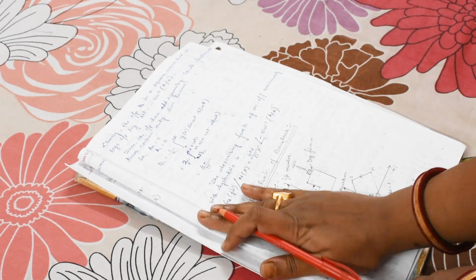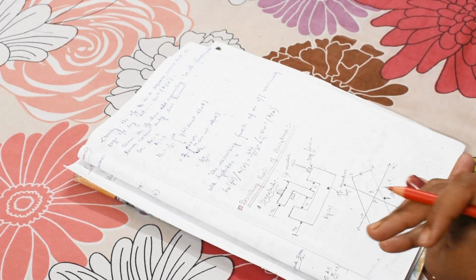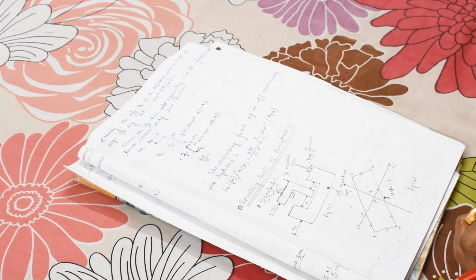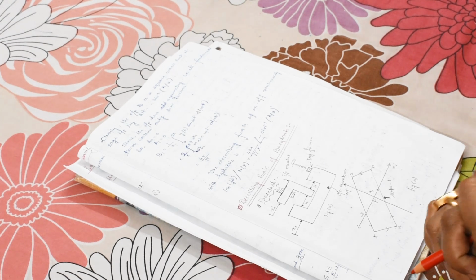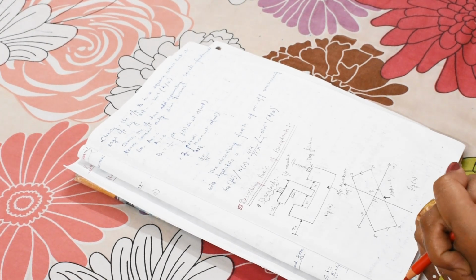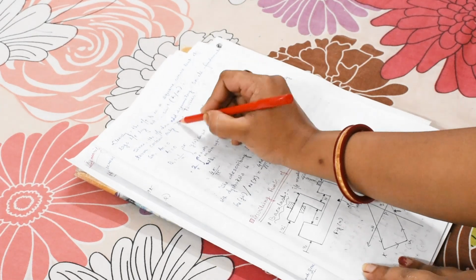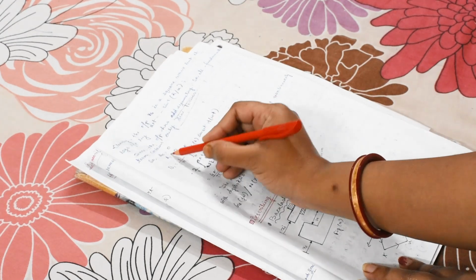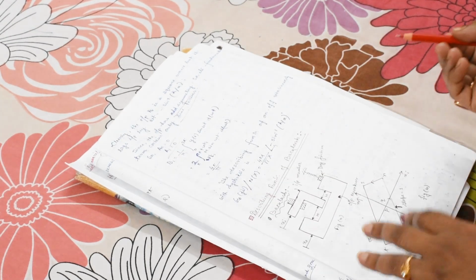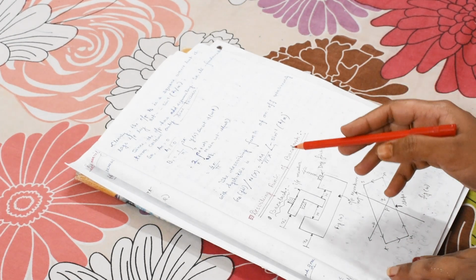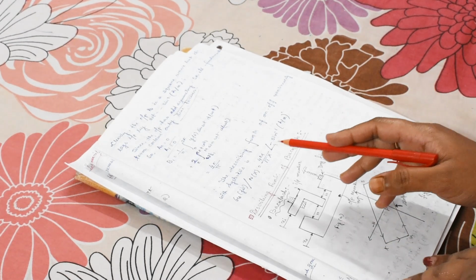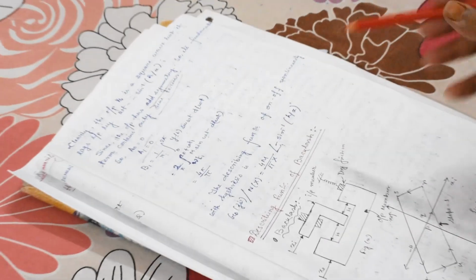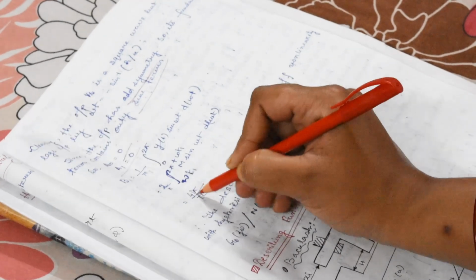Clearly, the output is a square wave, but it lags the input by omega t equals minus sin inverse of h by X. As the output has odd symmetry, its fundamental term contains only the sine wave. That is why a0 equals 0, a1 equals 0, and we find the value of b1, which is 4M by pi.